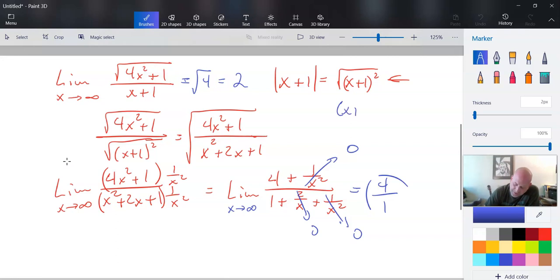Notice you can do the same thing, and actually, if you're using a cube root, you don't have to worry about the absolute value, which is kind of nice also. And so once I had that trick and I got it joined into one single rational expression, I could just take the limit of the rational expression and then square root everything else overall. Okay, so there were a lot of tricks in there, but the biggest one is the one we just used, this last trick of multiplying by 1 over the highest degree.